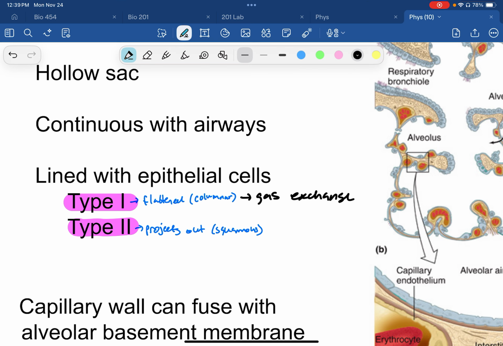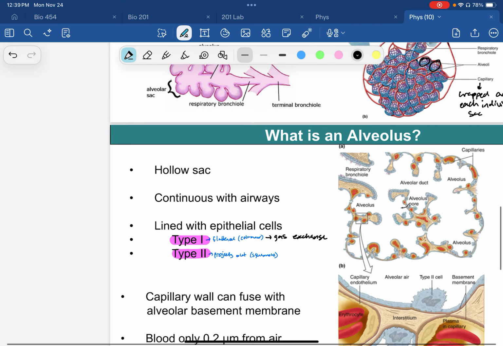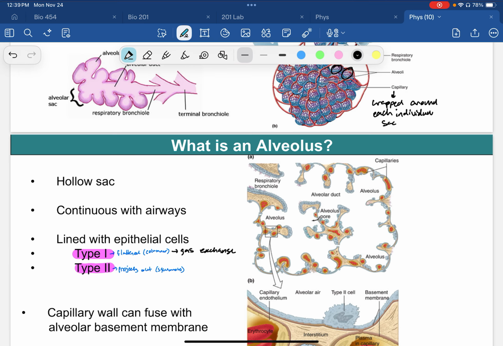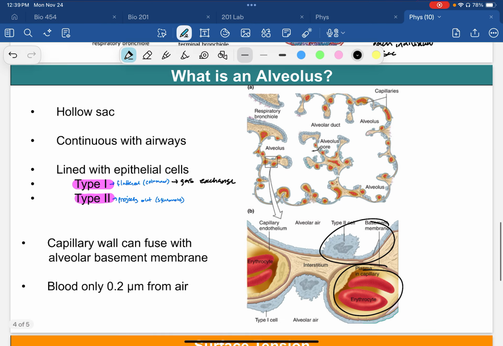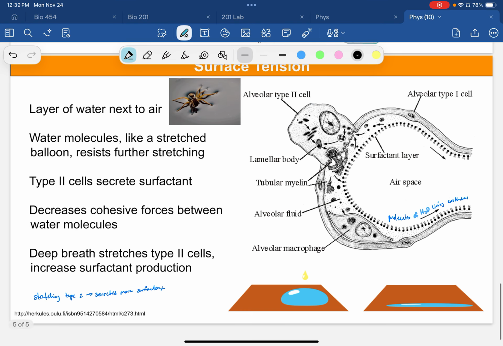And then we have our type 2, which are squamous cells, and this is a little bit more specific, so I'll go into more detail on the next slide. But these are good pictures so you can really see how close our capillaries are to our alveoli. Super close to allow for that exchange to happen.